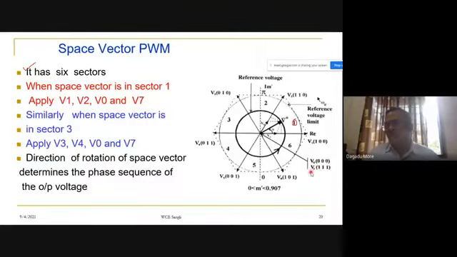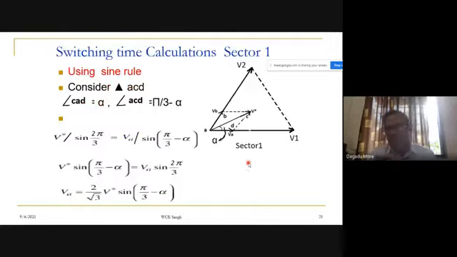V7 means I turn on devices 1, 3 and 5. Depending upon the sector, we switch accordingly. This is the direction for positive phase sequence of the output voltage, anti-clockwise. If the space vector rotates in the opposite direction, the phase sequence will be reversed.